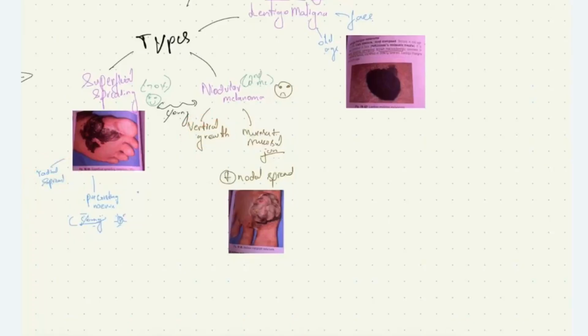And commonly we see nodular melanoma in the mucosal or mucocutaneous junction. In the mucus area or mucocutaneous junction, we see nodular melanoma.